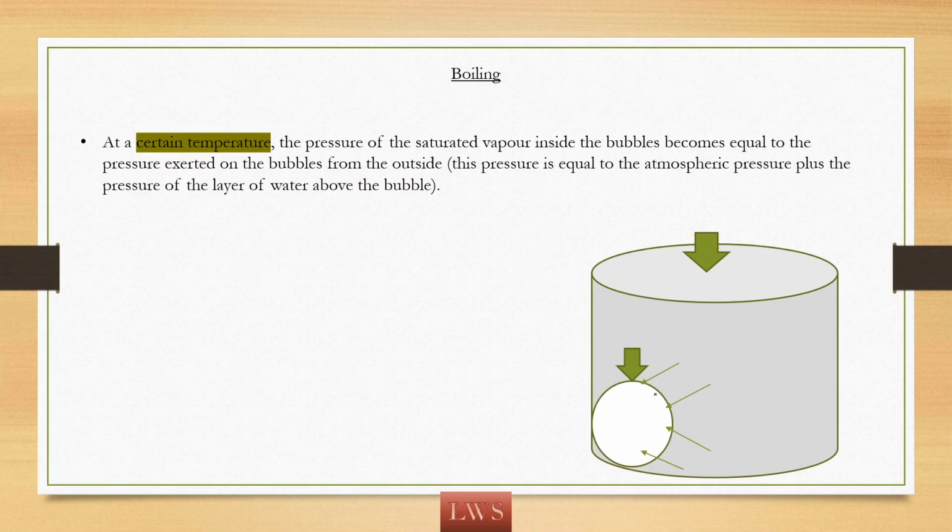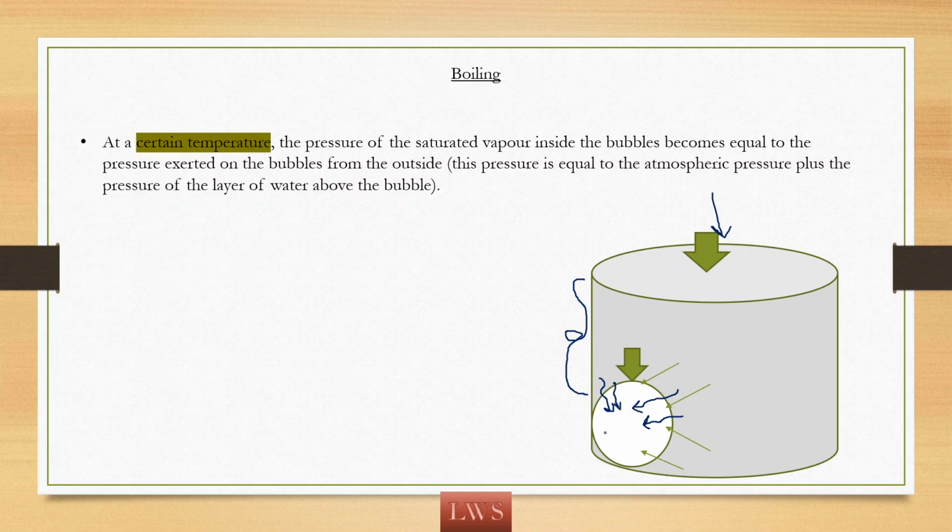So this is the bubble. Saturated vapor is entering into the bubble, and as a result, pressure is increasing inside the bubble. There is some pressure outside the bubble also. What is that pressure? Here, this is the atmospheric pressure, and this is the layer of water above this bubble. So this total is the pressure outside the bubble.